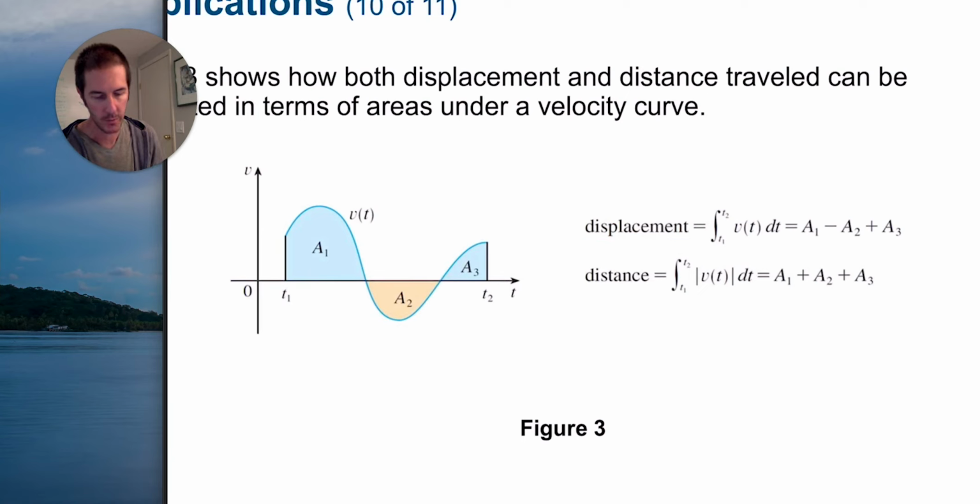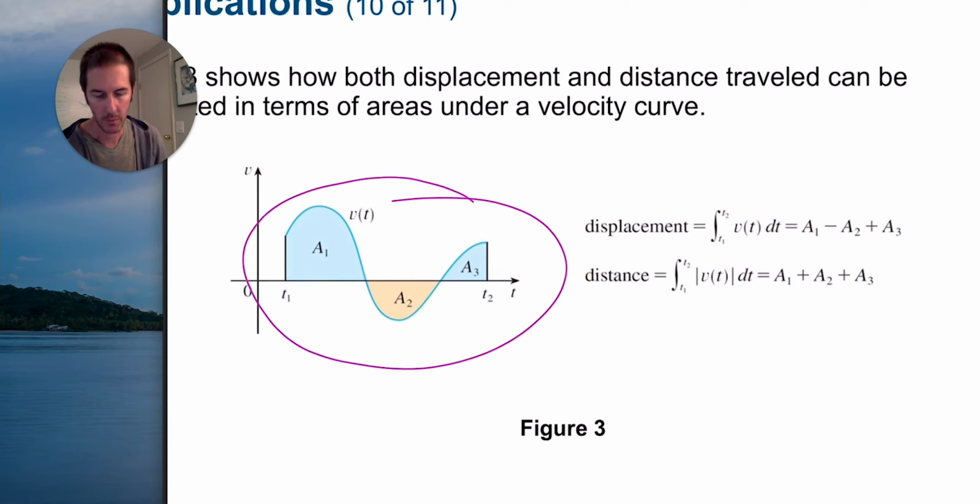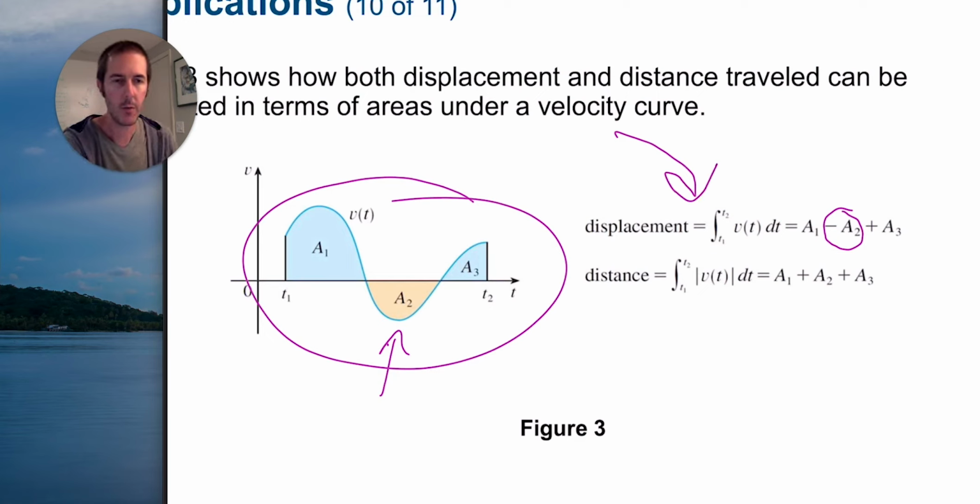Here there are 3 segments, and we're seeing over here that middle area under the curve is the one that's negative, so that's why we're subtracting A sub 2. The way that this integral over here is being represented, A sub 2 is a positive area. A sub 2 as a number is positive.